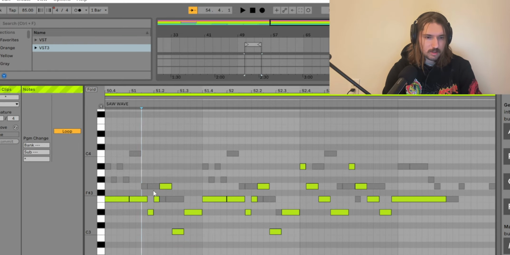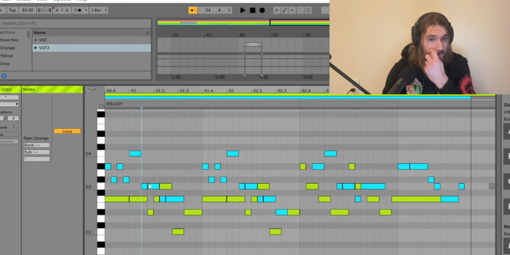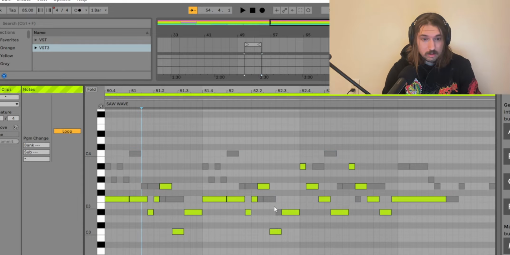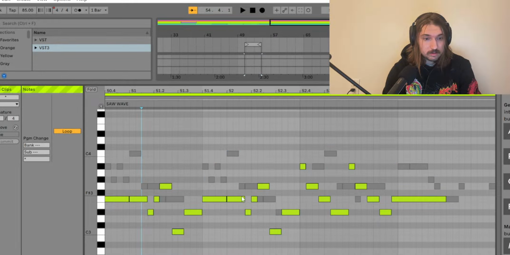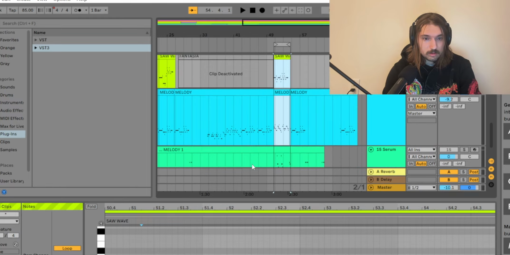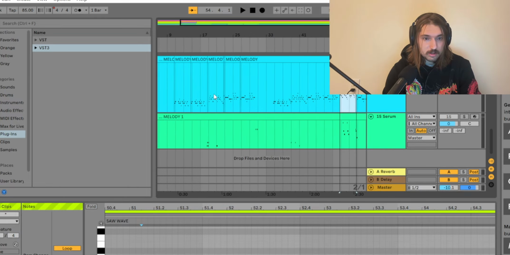Alright, so now I'm going to look at the second musical idea. This descending pattern. Let's look at other parts of our songs.